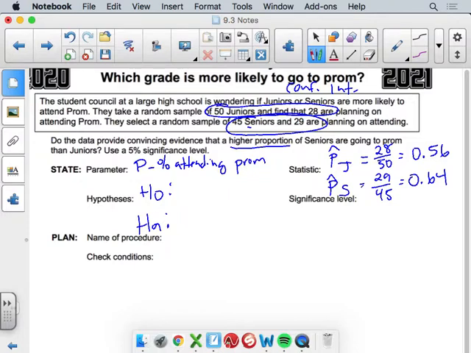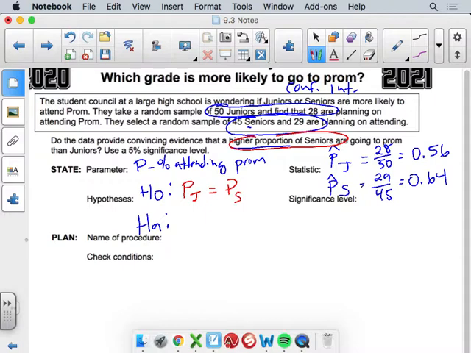All right, so on two samples, it's important that our null is that we are going to assume that these two samples are equal, and then the alternative is what we're testing, are seniors more likely. So I think the proportion of juniors is equal to the proportion of seniors. I'm always going to have those two samples be equal for the null.